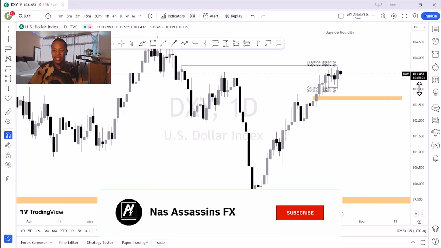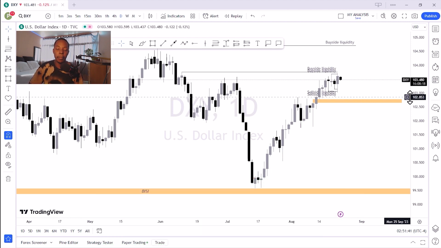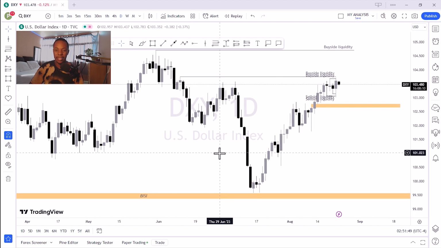Somebody asked me what a BC and a CB are, what an order block is, and how you use them. Well, an order block is the change in state of delivery.